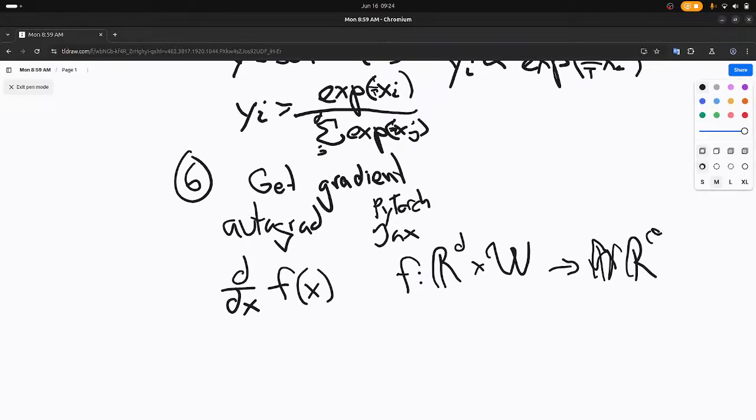This means that if we fix the inputs, then we have a function that goes from the weights to the output. Let me think if we should continue a bit more all the way to the loss.